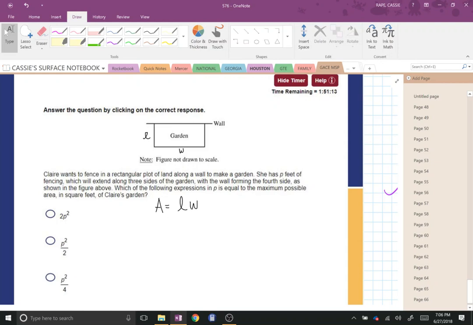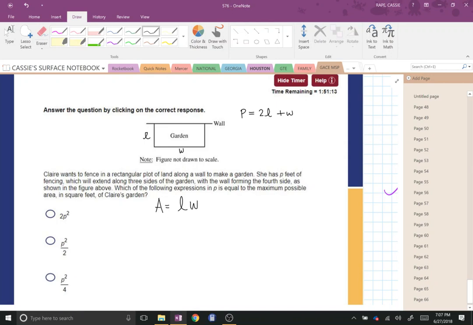Now then, if P is the amount of fencing that I have, I will have to have 2 lengths and 1 width. So P is equal to 2 lengths and 1 width. Correct?